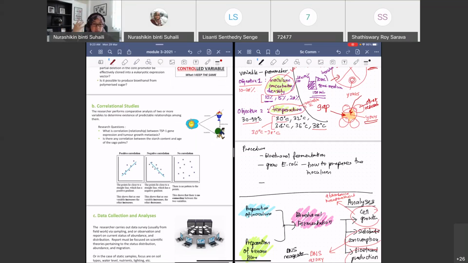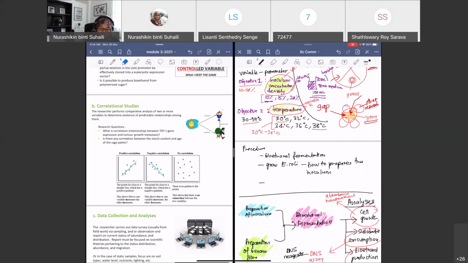Normally the results are presented in the form of graphs. You can see the graphs show different correlations. What is meant by positive correlation? Let me rephrase my words.